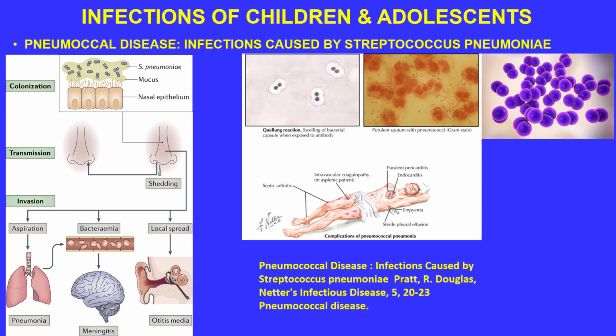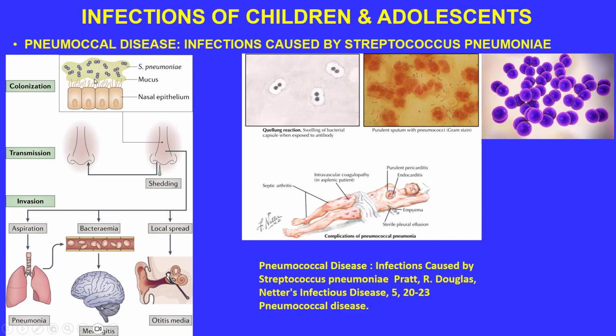Let's try it again, excuse me. Phagocytosis by macrophages and neutrophils, okay? Here you see the purulent sputum, and when they look at this, you see the gram stain of the bacteria.